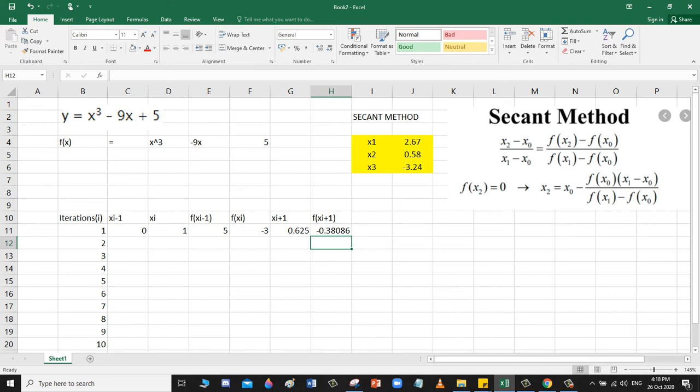At x2, can I just simply drag this down? No. Now, xi minus 1 is what happens, x2 minus 1 in this case. So, the i here is 2 minus 1, that will be x1. But in the previous row, this is x1, and at iteration 1, x1 here is 1.